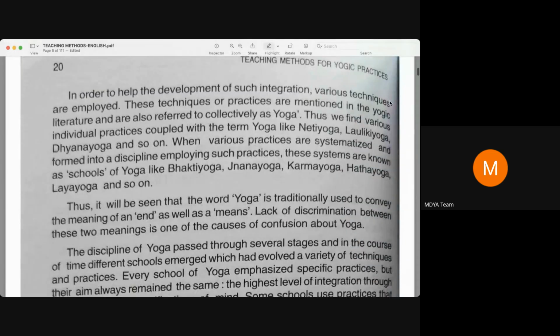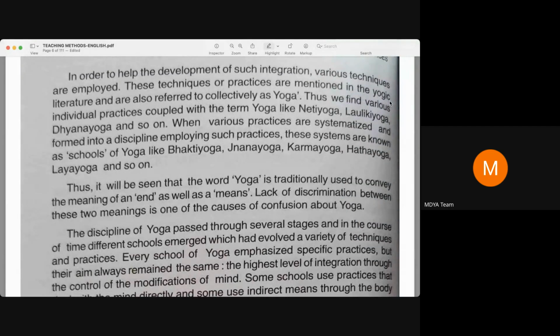And now, in order to help the development of such integration, there are various techniques. These techniques or practices are mentioned in yogic literature, and they are collectively referred to as yoga. If you study Patanjali Yoga Sutra, yoga means all Ashtanga Yoga.